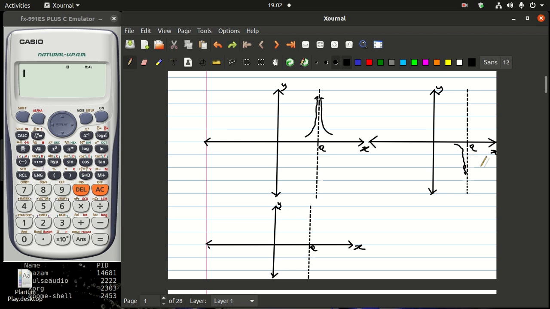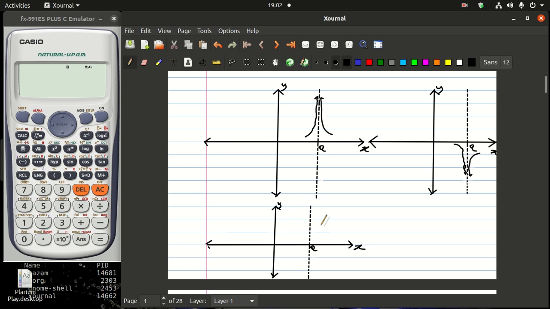And on the other side it also gets closer and closer, and it still continues. Basically, what we are trying to see here is the behavior of a function around the asymptote.